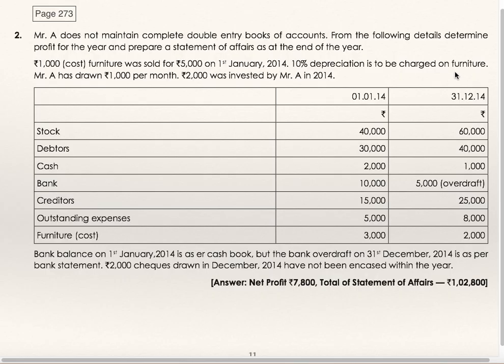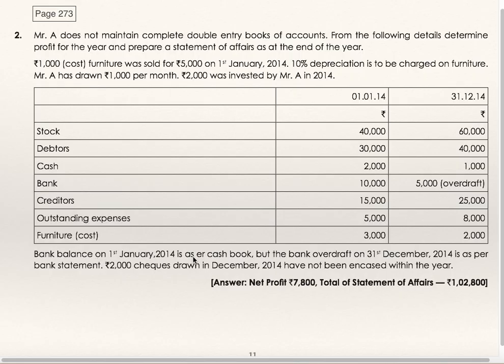10% depreciation is to be charged on furniture. A has drawn 1000 per month, that is 1000 into 12 for the year. 2000 was invested by A in 2014. Additional capital introduced is 2000. For 1/1/14 and 31st December 14 you have been given assets and liabilities.